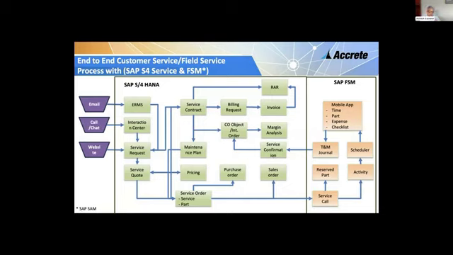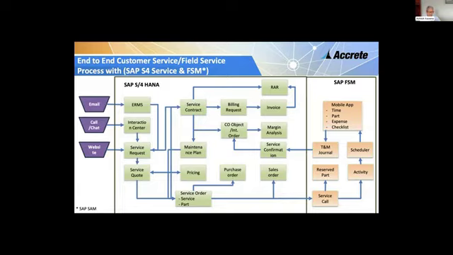And all the information then flows from the service confirmation to the CO object, which is the internal order, and the process remains the same. So that's option 3 for SAP FSM.